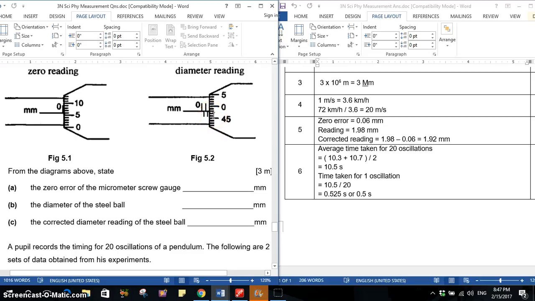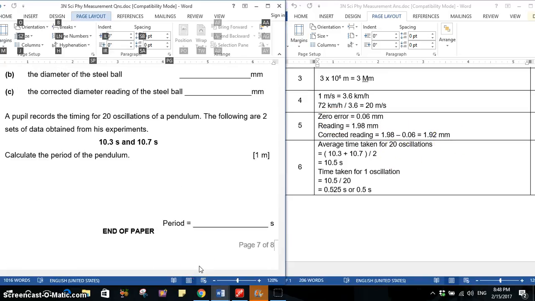So 1.5 plus 0.48. Remember, thimble scale is always 2 decimal places behind the dot. So it's 1.5 plus 0.48. You have 1.98. Finally, corrected reading, we always take reading minus the zero error. It gives us 1.92 mm.